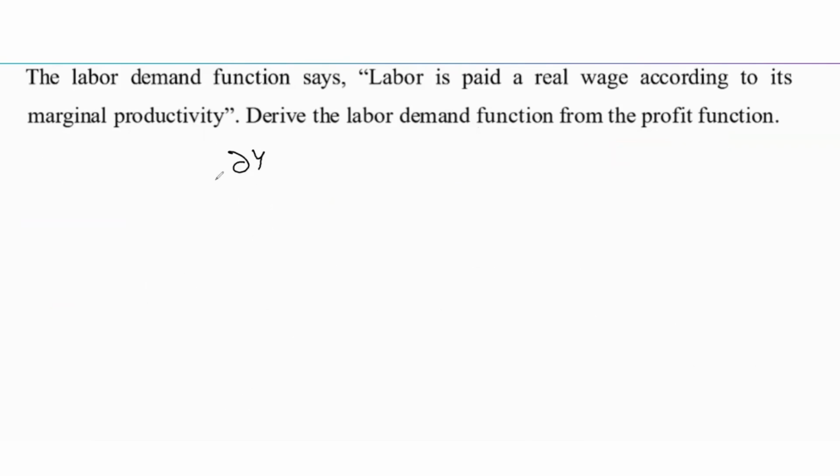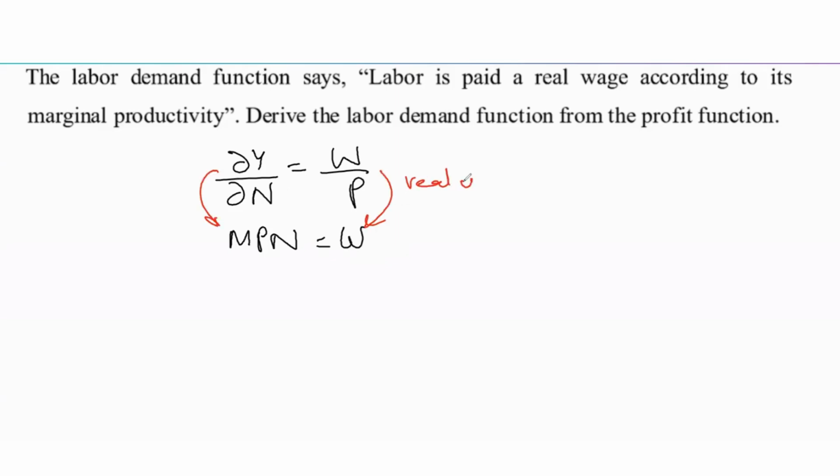We can write this as partial y by partial n equals W by P. And this is what we call the marginal product of labor, which is the additional output that can be produced by hiring one more worker, keeping all other inputs constant. Here we're not assuming any other inputs though. So this is the marginal product of labor and this is the real wage.